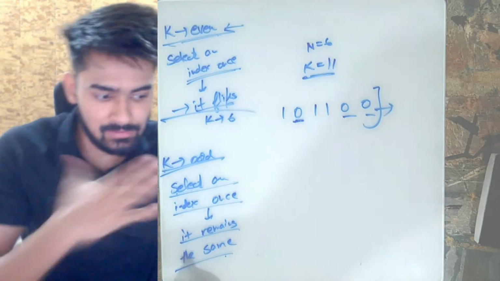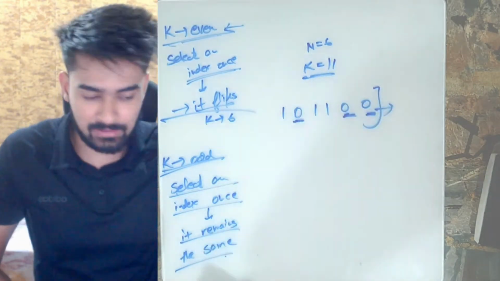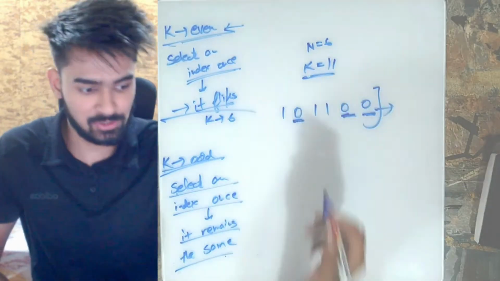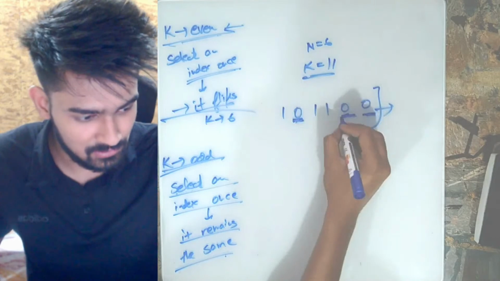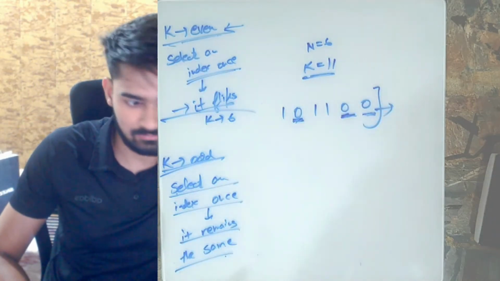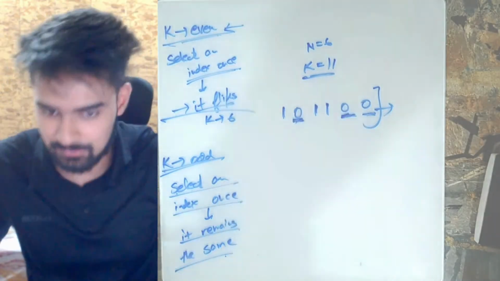Instead, what we need to do is flip these, and to flip these, we need to make sure that we never change these values. So what we do is, we actually select these ones.